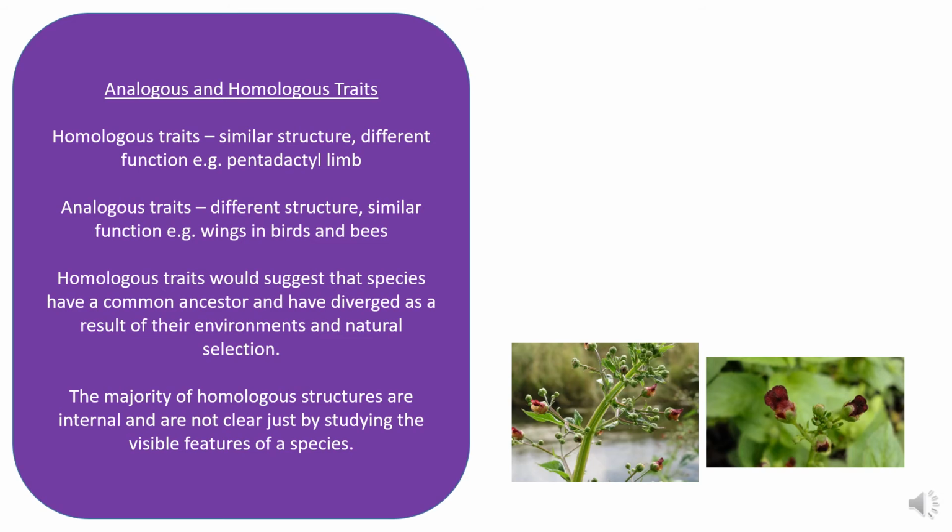And the majority of homologous structures are internal, so it's not clear just by studying the visible features of a species. So you might not necessarily know that they're there unless you look internally, obviously after the death of the animal. So you'd have to study them quite closely in order to know.